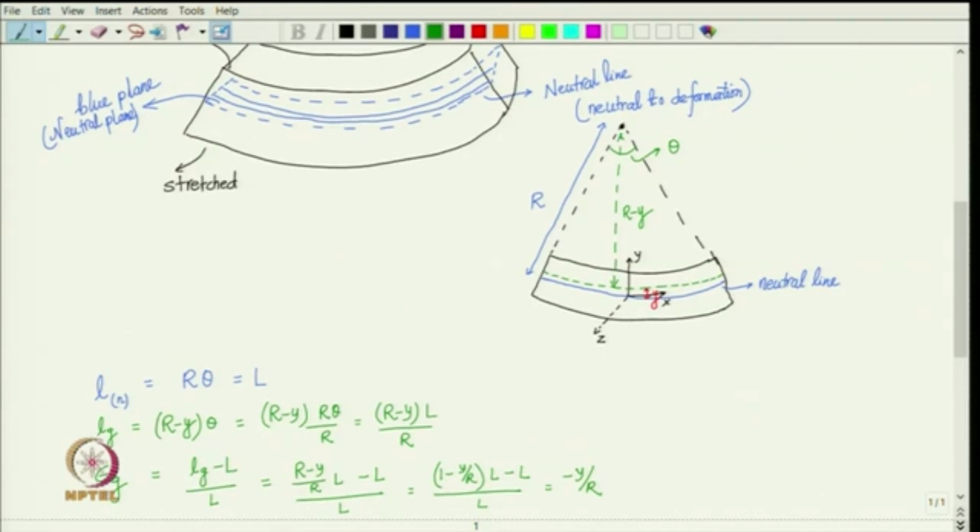Remember that the location of the neutral line is still unknown.